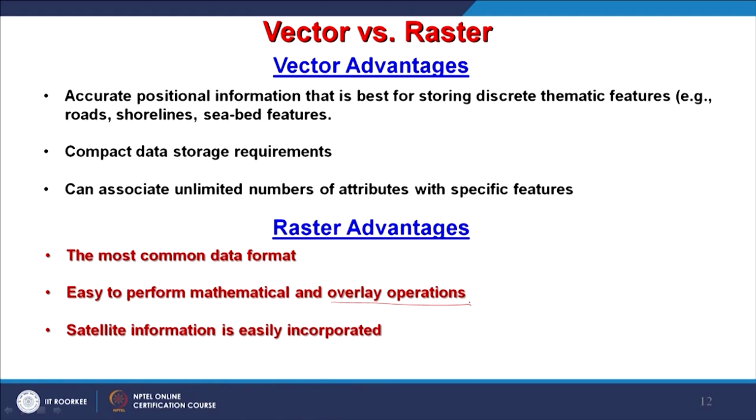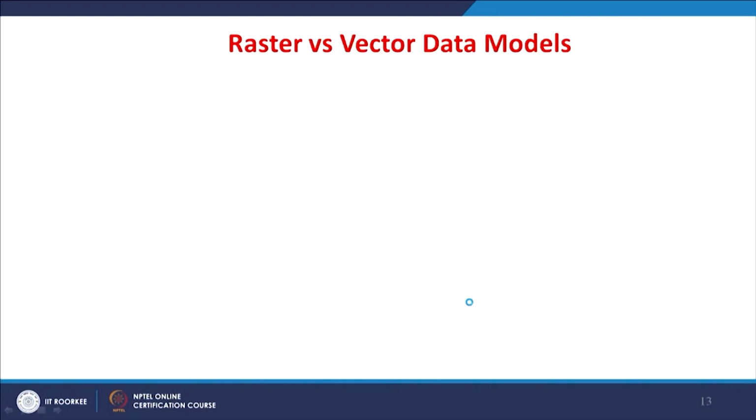Another point is that satellite information is easily incorporated, because if I am using a grid and I also want to use satellite data, both are raster, so there is no issue and compatibility is there. But if I am using vector data and I want to use satellite images, then I may not have that kind of compatibility. So, for any kind of continuous phenomena, one should always resort to raster rather than vector.